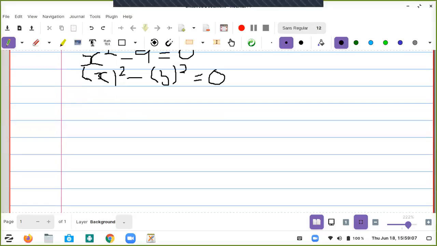So since I am dealing with an equation that has a difference of two squares, I'm going to come up with brackets. Then I will distribute the numbers into the brackets.